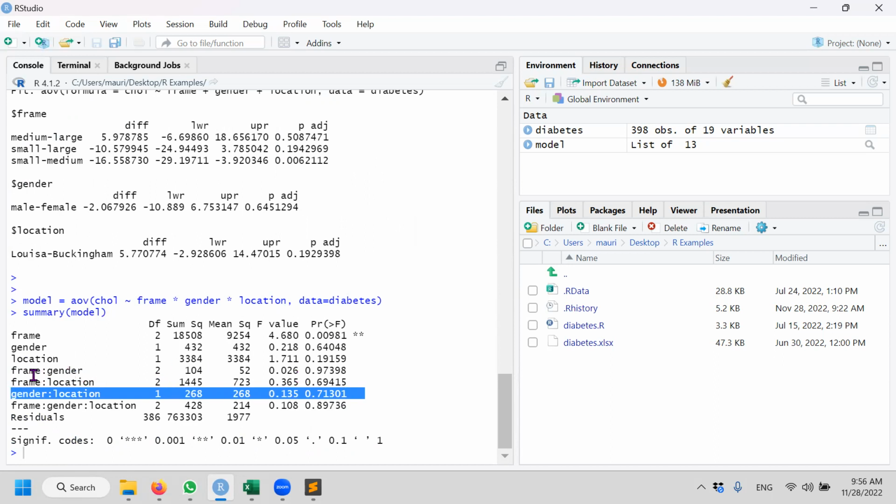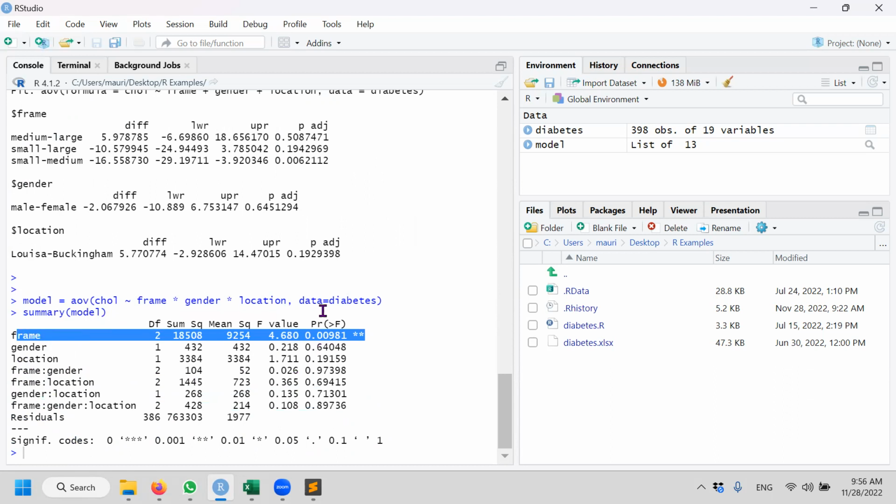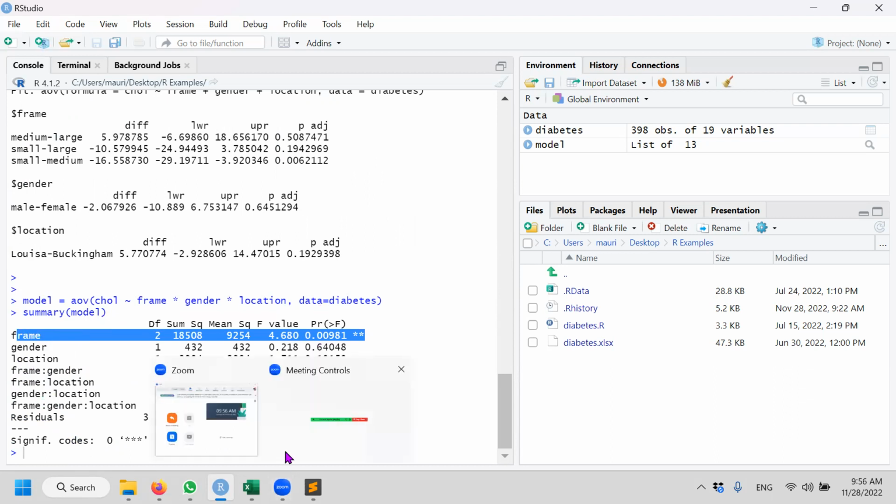So there is no significant difference between body frame and gender, or body frame and location, or gender and location. Then the third one is body frame, gender, and location. Okay, so there's no significant differences. So it seems that only body frame is the one that is important.